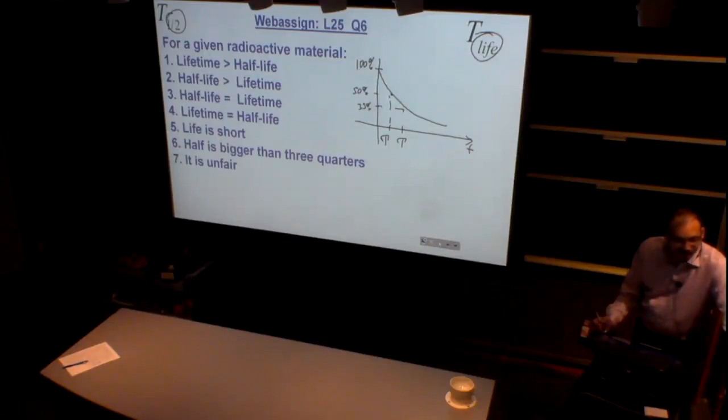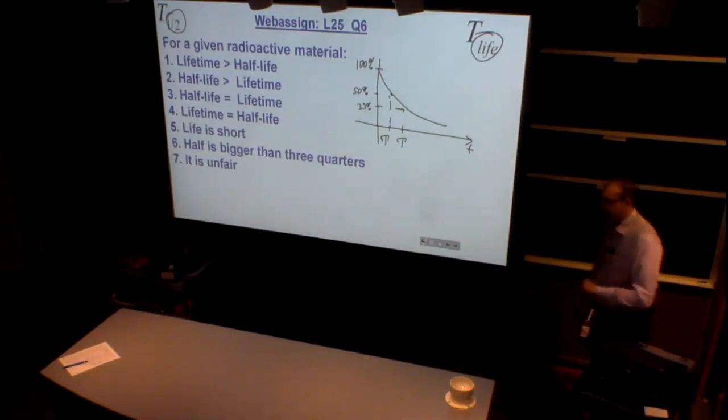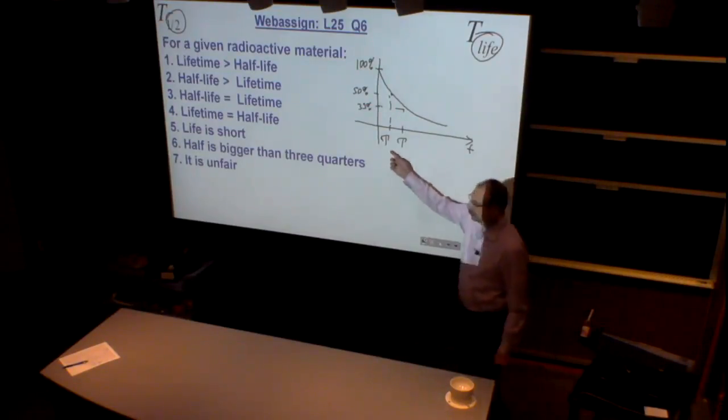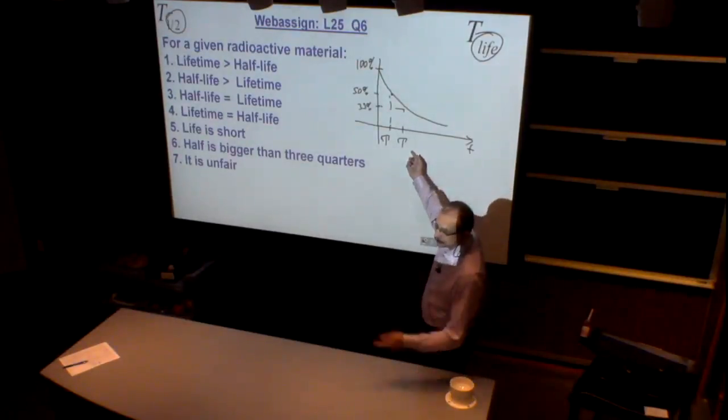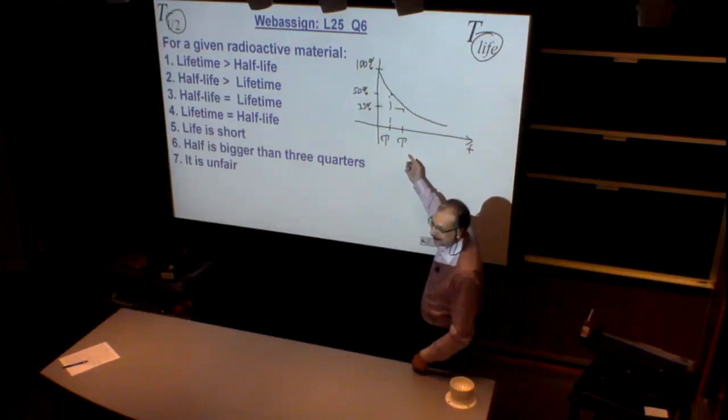And now the word half gives it away. Which is a half-life out of these two? The left or the right? What do you think? Half-life. This one or this one? Say any.